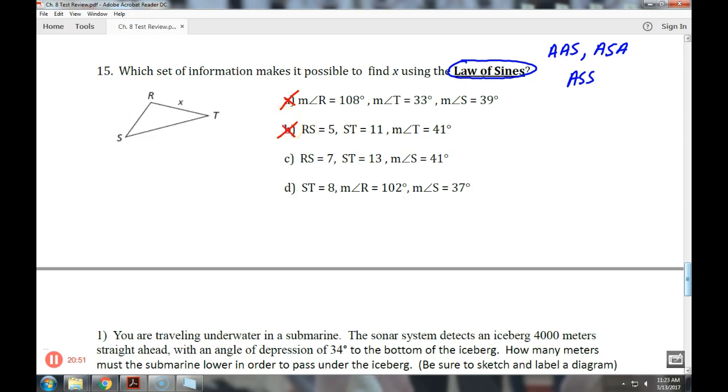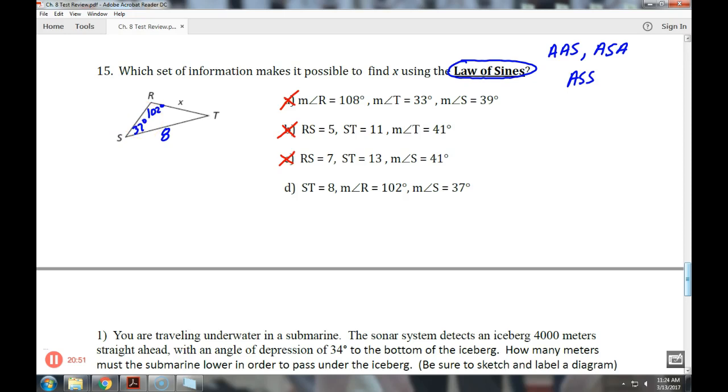Let's try C. When RS is 7, ST is 13, and the measure of angle S is 41 degrees, and I try this one, well, here's a pair, but then again, I don't have angle R and I don't have angle T, and I'm screwed. Now, hopefully part D here works, or I made a mistake somewhere. So let's double check D out. If ST is 8, measure of angle R is 102 degrees, and S is 37 degrees.